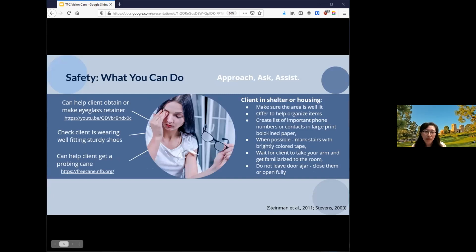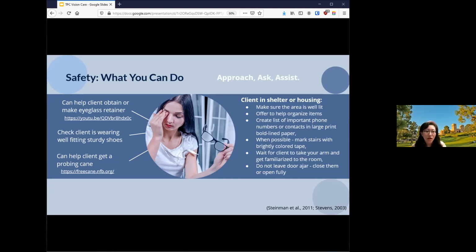Here are some other things you can do to improve safety for clients that have vision loss. Sometimes people with corrective glasses may lose them. You can help your client obtain a retainer for their glasses, and this may help lower the risk of loss. There is also a way to make a retainer with 2 strings and a technique called a fisherman's knot. I have attached a video link to that.